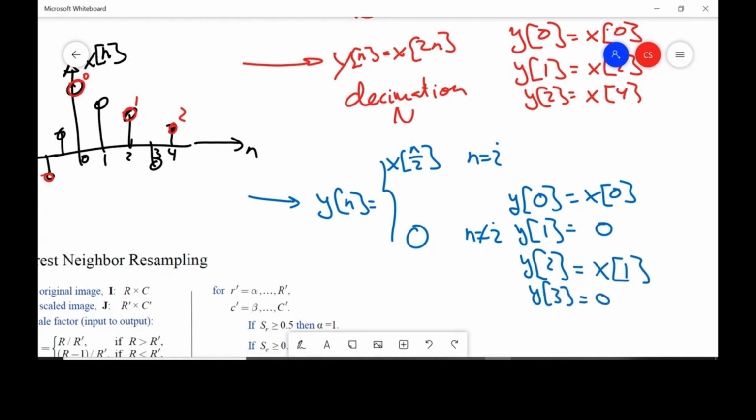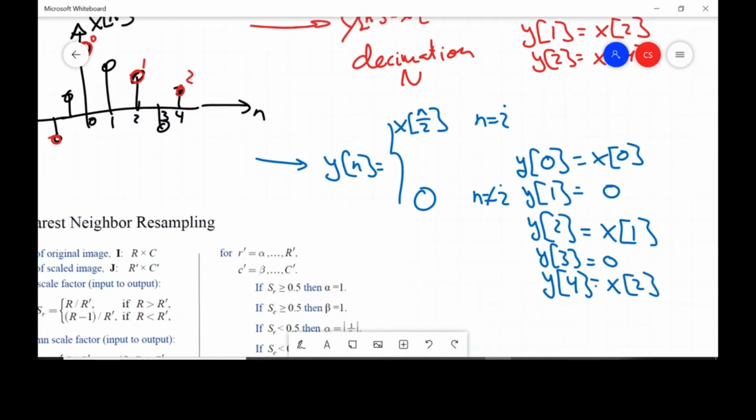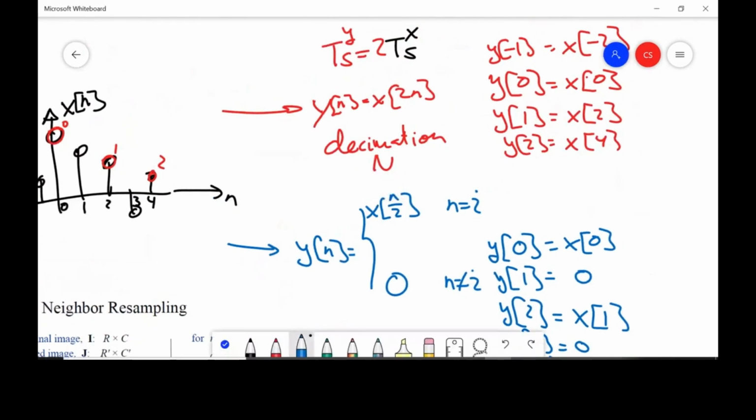And y of 4 is x of 2. On the other side, y of minus 1 is 0, y of minus 2 is x of minus 1, and so on.